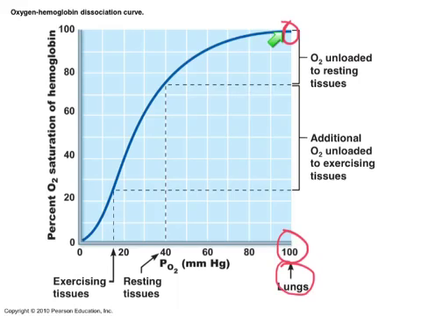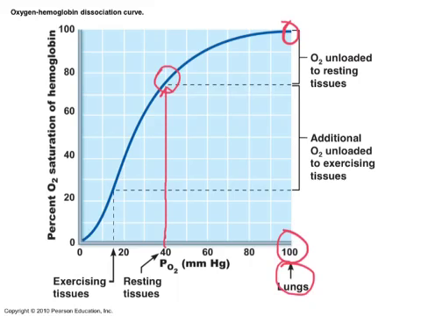Now, as you're moving down, you can basically think of moving down this curve as getting further and further away from the lungs. You're getting into more and more metabolically active tissues. So at resting tissues, the partial pressure of oxygen in the blood is about 40, and you have approximately 75% hemoglobin saturation.